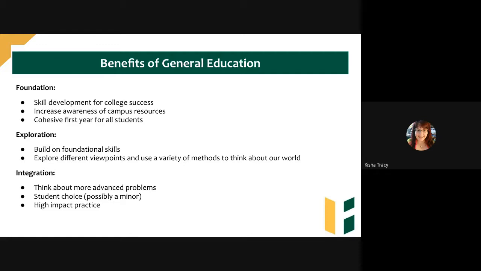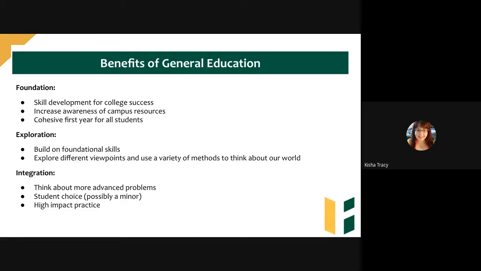So in looking at our foundation courses, this is where we're really building skills for college success. We're increasing awareness for campus resources and having a cohesive first year experience for all of our students. Then we get into exploration. So we're building on those foundational skills. We're exploring different viewpoints and having a variety of different ways to be able to think about our world. And then lastly, here we have integration.